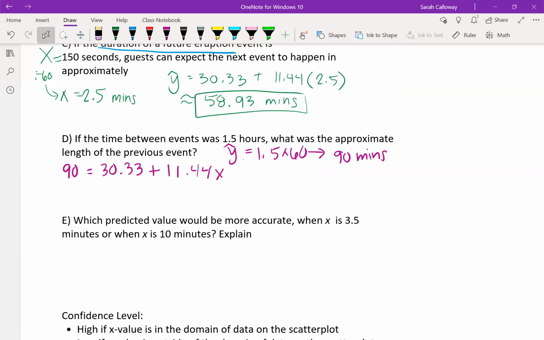If I subtract 30.33 from both sides, that's going to leave me with 59.67 is equal to 11.44x. Then if I divide both sides by 11.44, that's going to give me that x is equal to 5.22. I'm going to round. So that means that the previous event was approximately 5.22 minutes.